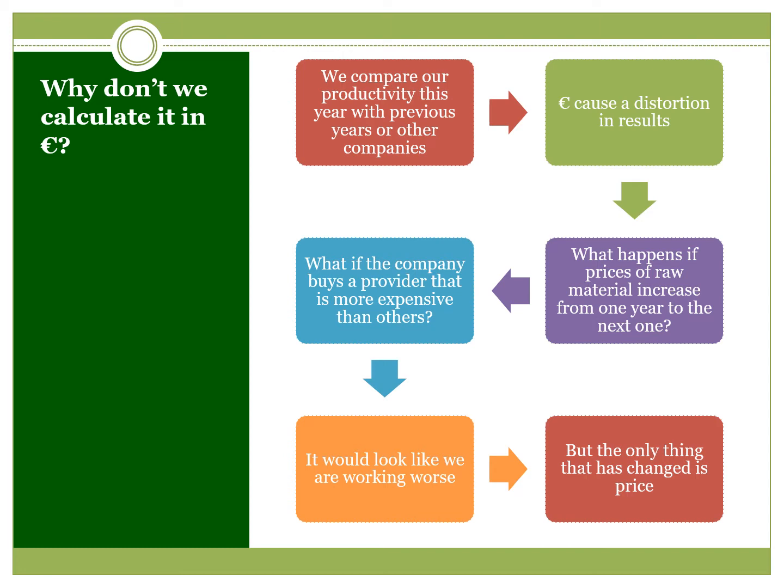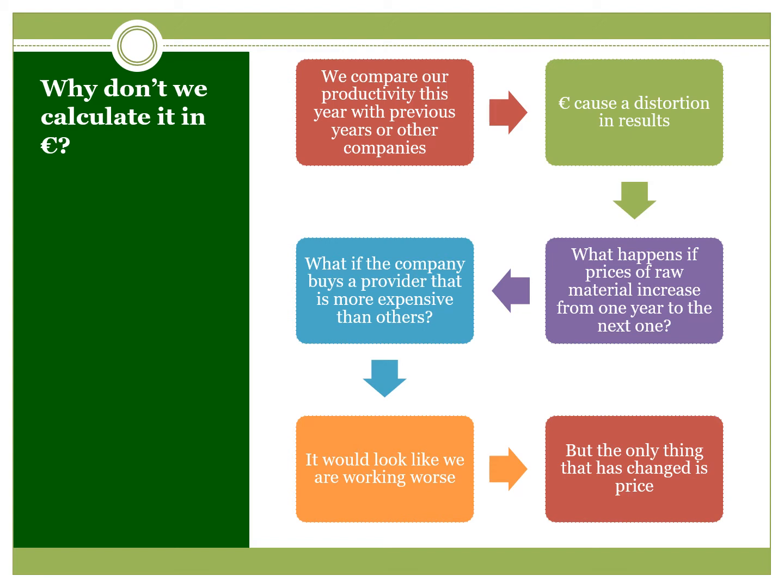In case you want to compare it with your competitors, what happens if one of the competitors has a special agreement with the suppliers, with the providers, and they get cheaper items, they get cheaper raw material? It may look they are doing it much better, but it's not true because it's distorted by euros. So it looks they are doing better because they are buying raw material cheaper, but that's not the question.